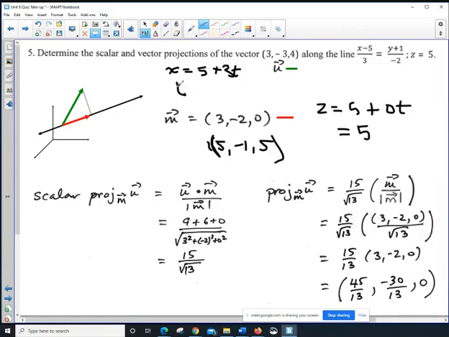Yeah. We solve for t. The number that subtracts x is the component of the point, and what we divide by is the x component of the direction vector. So the direction vector is found in the denominator. The point is found in the numerator.